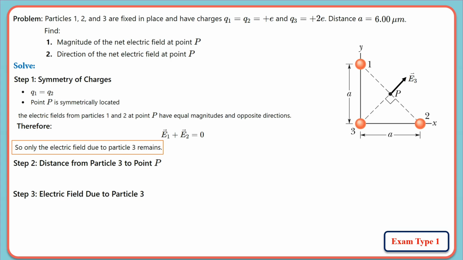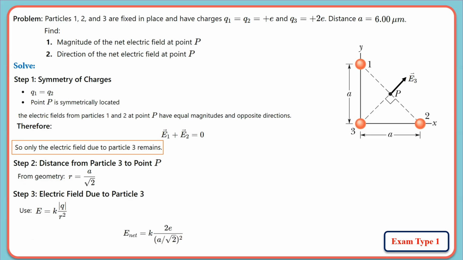Next, we determine the distance between particle 3 and point P. From the geometry of the figure, this distance is a divided by square root of 2. Now we apply the electric field equation for a point charge. The electric field magnitude equals K times the charge divided by r squared.